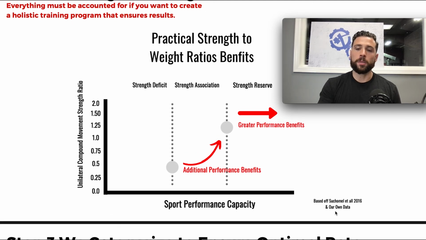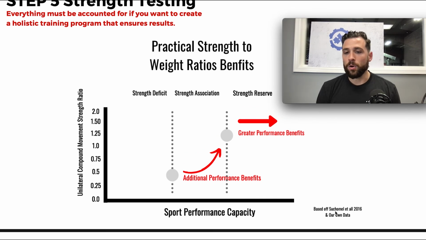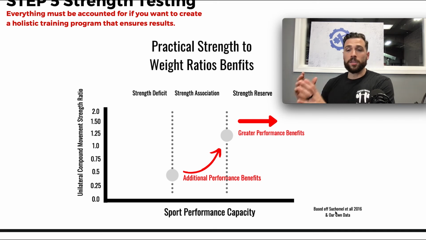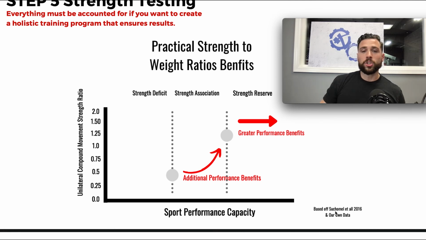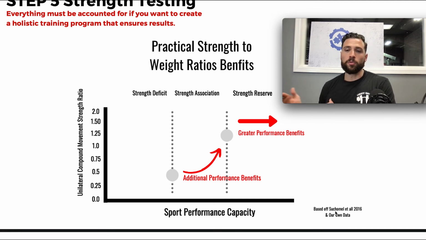So this was a study performed by Schumo et al. in 2016, and then we utilized it over the last 2.5 years with our own data. And so that was very unique in the sense of we were allowed to see how well the study held up, but also how well it actually improved performance, and the results were pretty interesting.